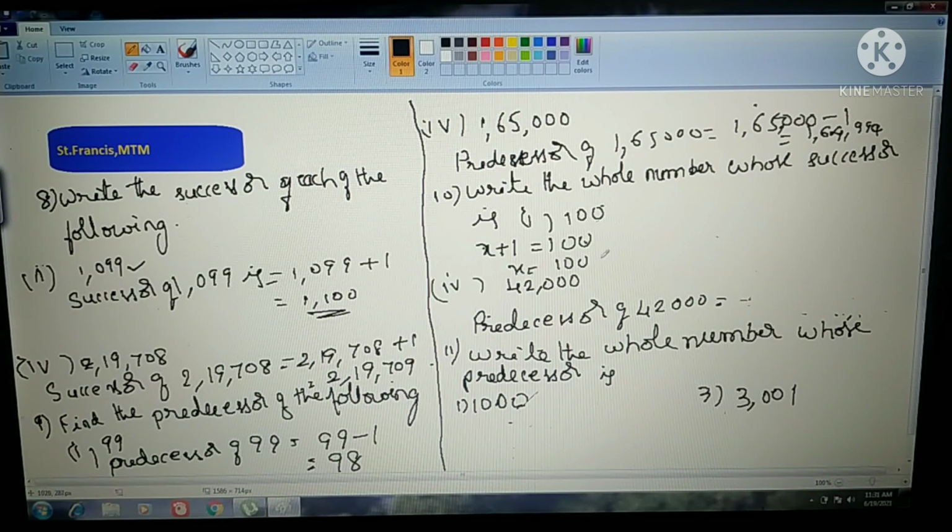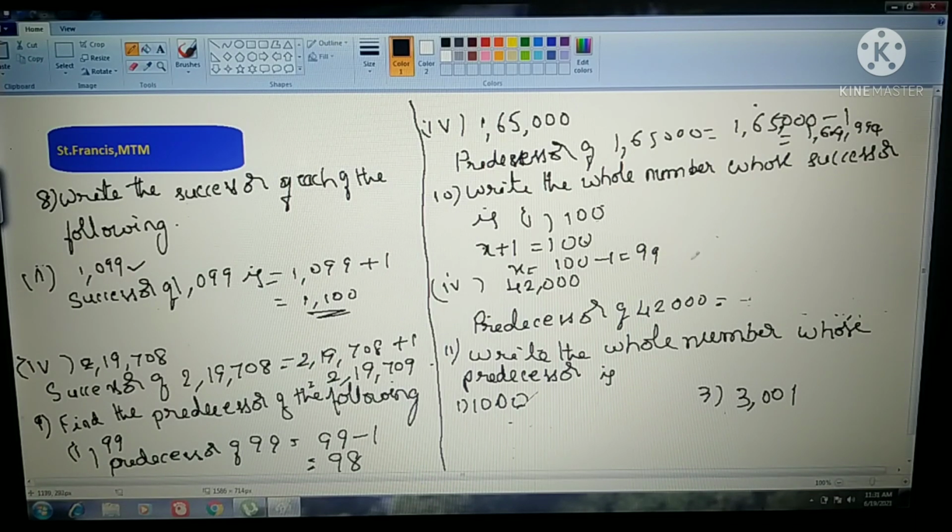Send the 1 to the other side. You get here 99. 100 minus 1 means 99. That means 99's successor is 100. That means here what we found is the predecessor of the given number. Okay. Whose successor is 100 means 99's successor is 100. Understood?